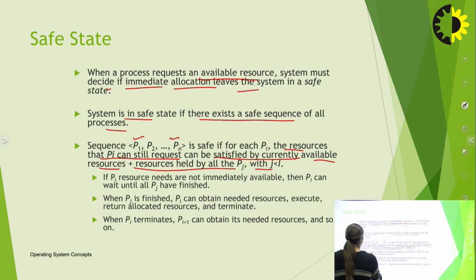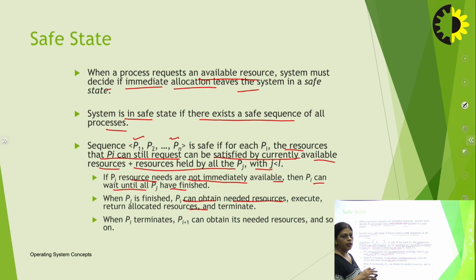If Pi's resource needs are not immediately available, then Pi can wait until Pj have finished, right? Now Pi will wait if the available resources are less than its demand, right? It will wait. We will check the next process then, right? When Pj is finished, Pi can obtain needed resources, execute, return allocated resources, and terminate.